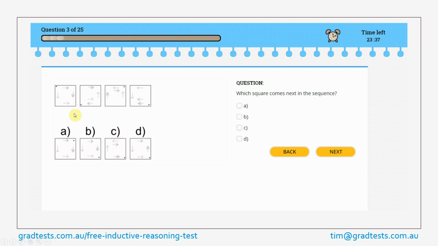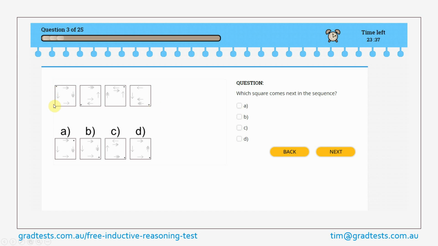So what's happening there? We start in the top left corner, we go down to the bottom left corner, then up to the top right, and then all the way down to the bottom right. To me, it looks like it's going around anti-clockwise by an additional side, or an additional 90 degrees each time.